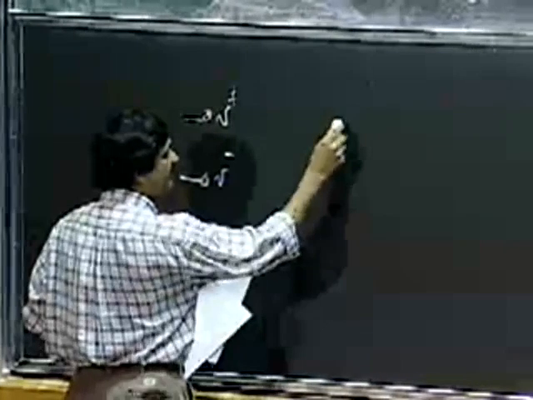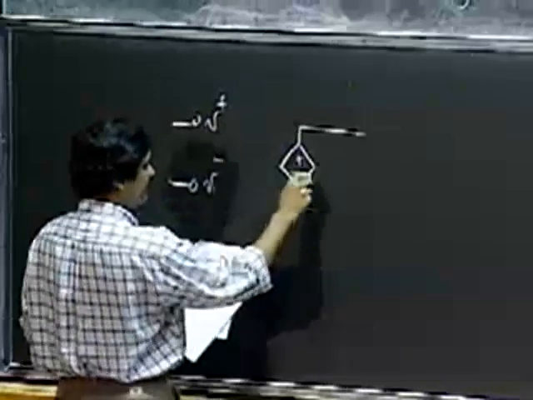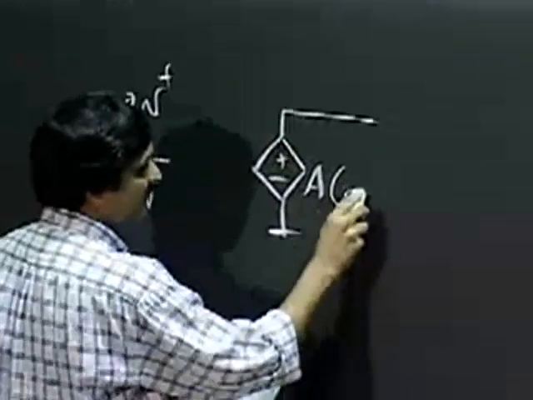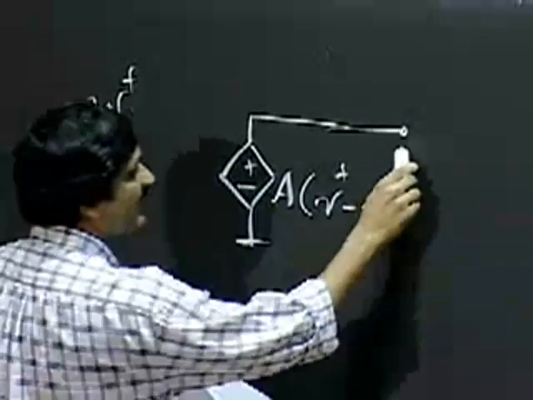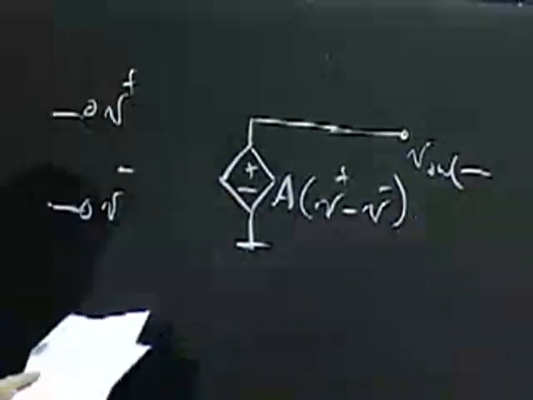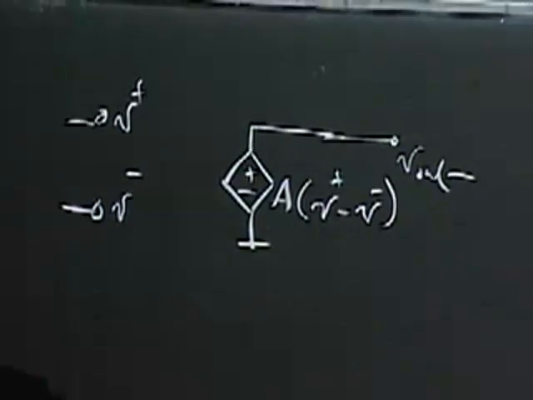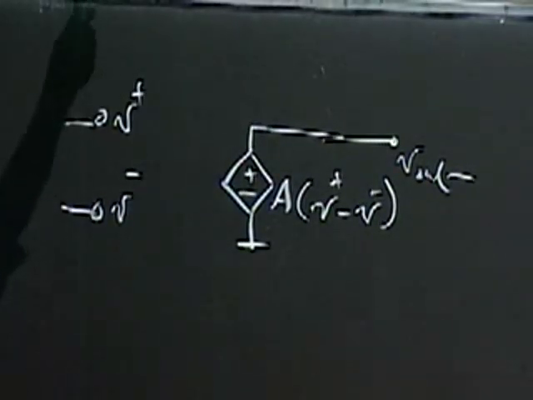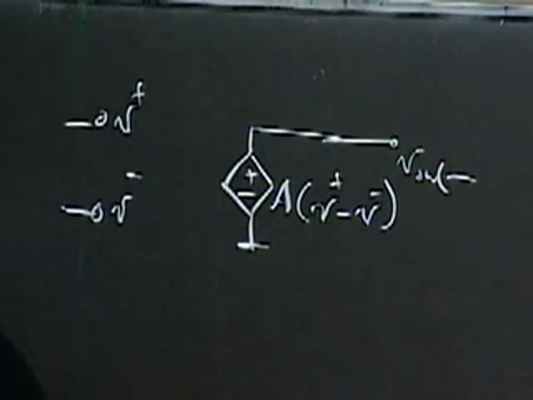the op-amp is characterized by the following circuit: A times V plus minus V minus, V out. So this is the equivalent circuit of my op-amp. And let me just impose that external circuit on this op-amp.